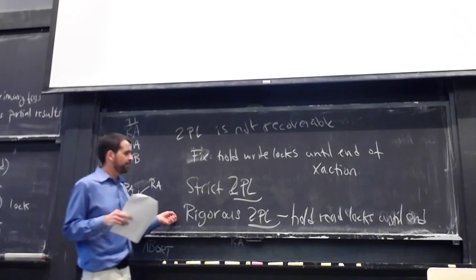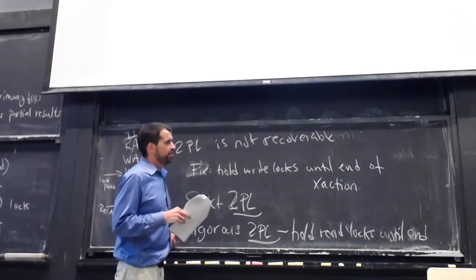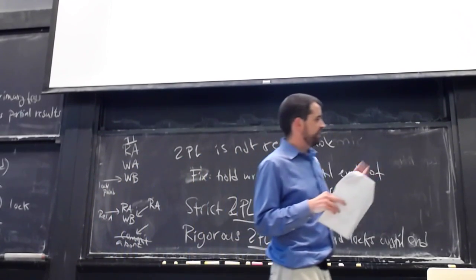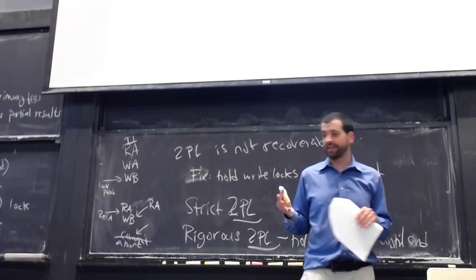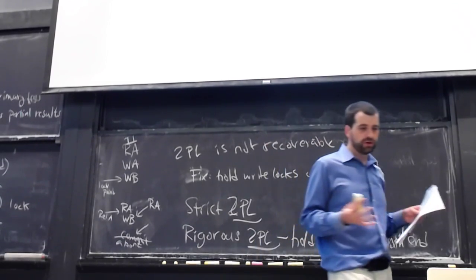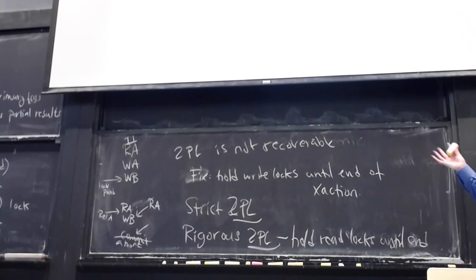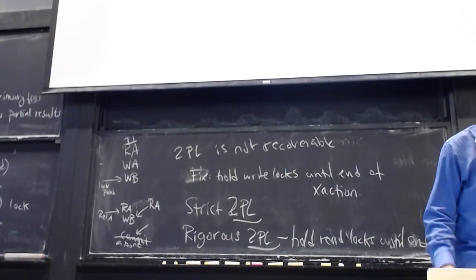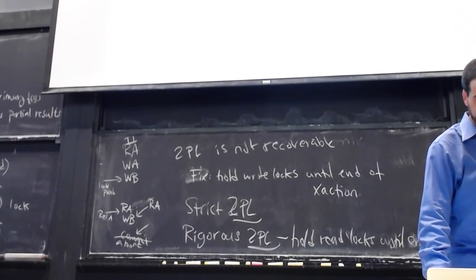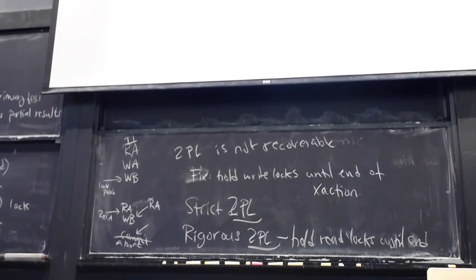The other nice thing about rigorous two-phase locking is that the equivalent serial order is just equal to the commit order of the transactions. So I can just order the commits. Right. So this is our protocol.